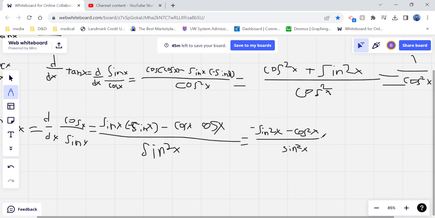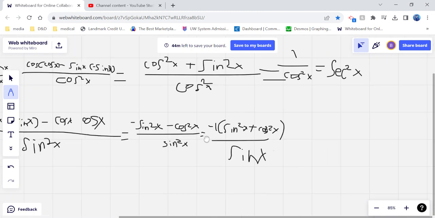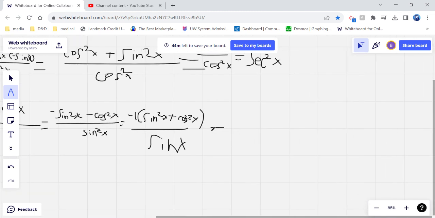Now, if you see, we have two negatives on top, so we can actually factor out a negative 1 to be left with sine squared of x plus cosine squared of x. And that equals 1, right? If you go through trig identities, sine squared of x plus cosine squared of x is 1.